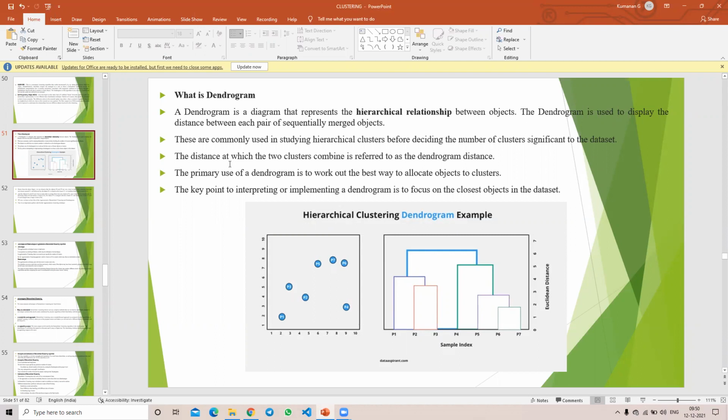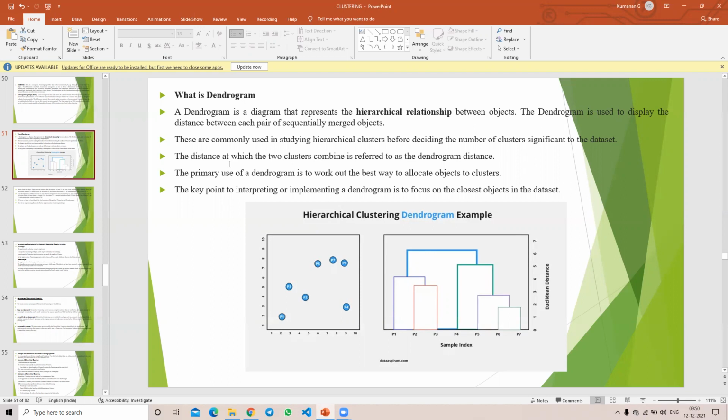What is a dendrogram? A dendrogram is a diagram that represents the hierarchical relationship between objects. The dendrogram is used to display the distance between each pair of sequentially merged objects. These are commonly used in studying hierarchical clusters before deciding the number of clusters significant to the dataset.